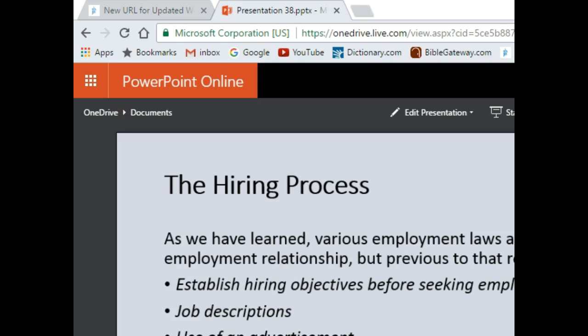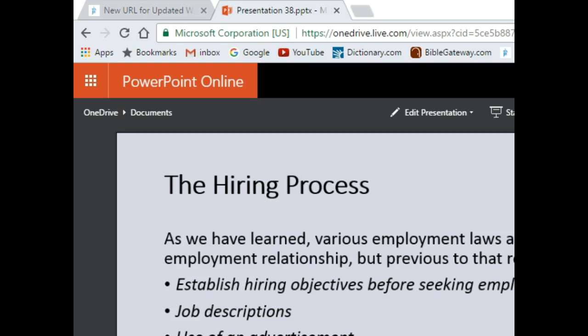And we talked about earlier in this course how anti-discrimination laws in particular focus not only on the employment relationship, but conduct of the employer prior to that relationship and conduct after that employment relationship has concluded.